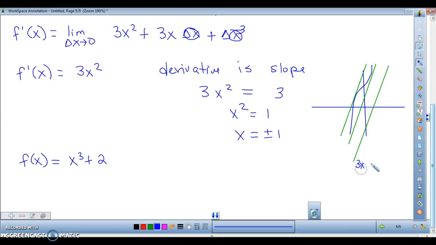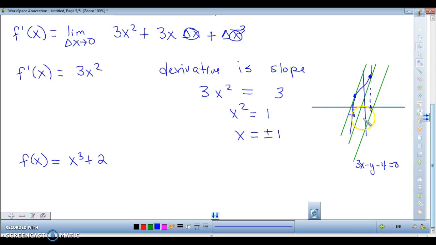This was your given line, 3x minus y minus 4 equals 0. Okay, so there's your given line. Right here is where x is equal to 1, and right here is where x is equal to negative 1. So these 2 lines right here are both going to be parallel to that line.